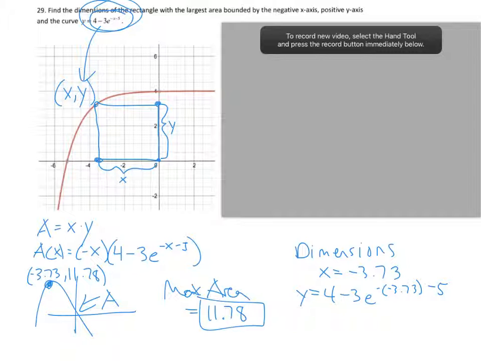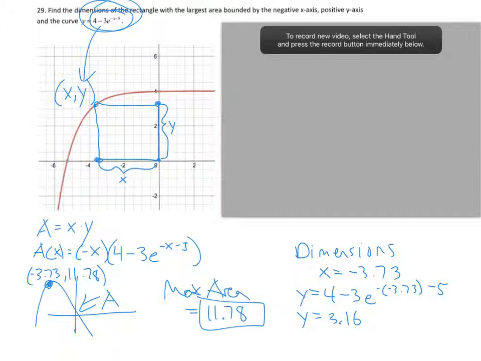I plug in 4 minus 3e to the negative, and then I'm going to put a parenthesis, because remember there was a negative in the equation, and my x value that I'm plugging in is negative, so negative 3.73. I'm going to go out of that parenthesis, minus 5, but I'm still in the exponent. And then I press enter, and the y value is about 3.16.